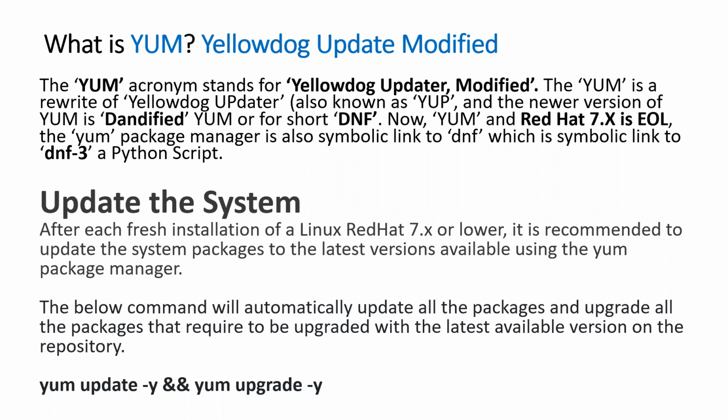Moving forward to Red Hat 8 and 9 and other ones, it is a symbolic link to DNF-3. And DNF itself is the Dandified YUM version of the Red Hat package manager, the newer version, and it is a symbolic link to DNF-3, which is a Python script with 62 lines, as I showed you.